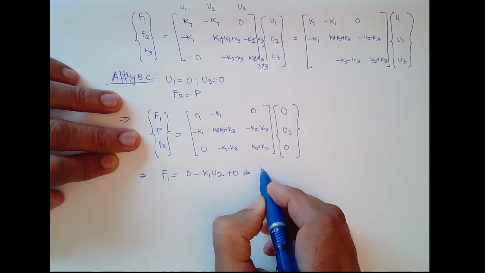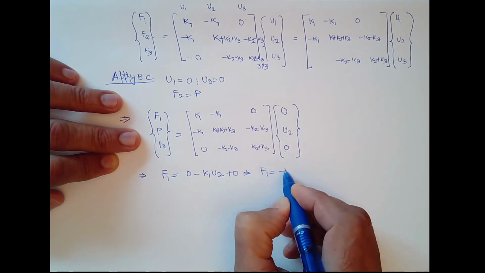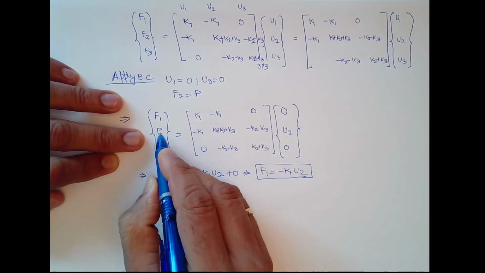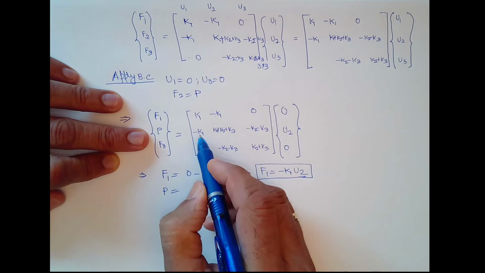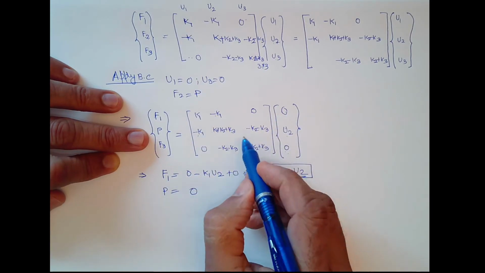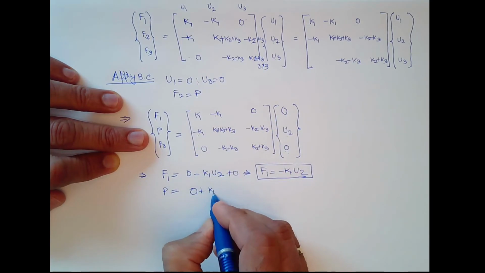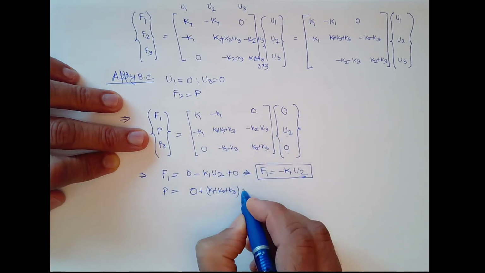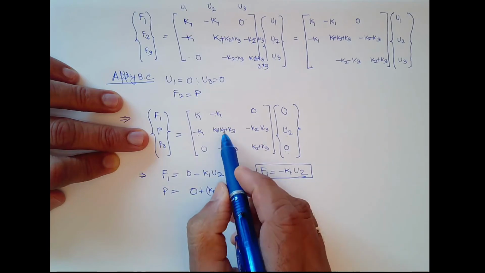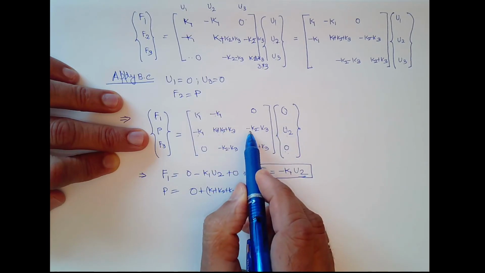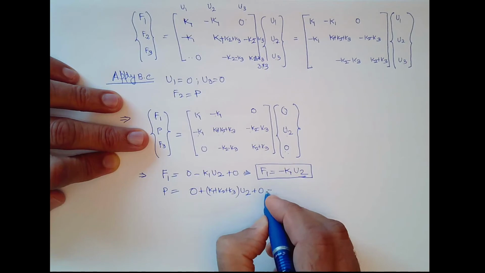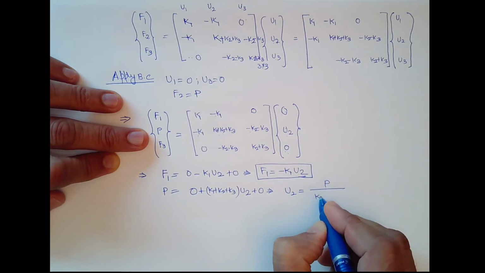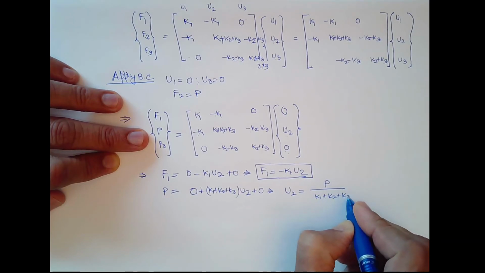So this implies whatever F1 is coming, that will be minus K1 U2. Second, P equal to minus K1 into 0 plus K1 plus K2 plus K3 multiplied by U2, this into this plus this into this, it is 0. So this gives U2 is known now, that becomes P by K1 plus K2 plus K3.